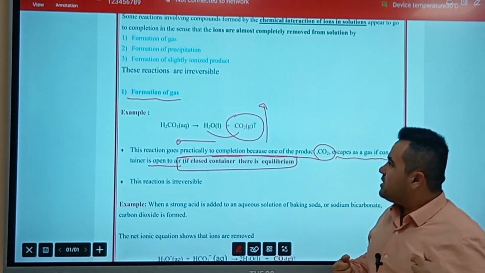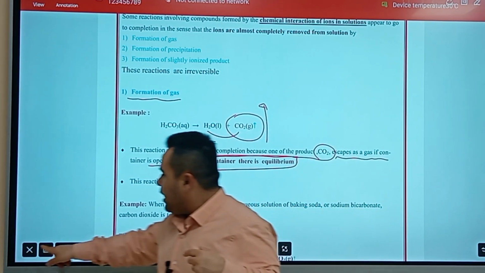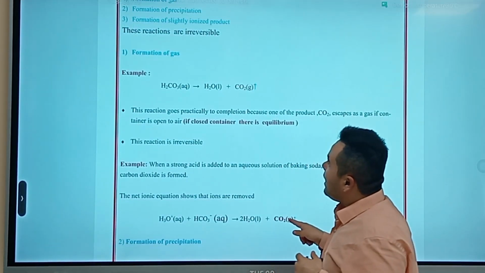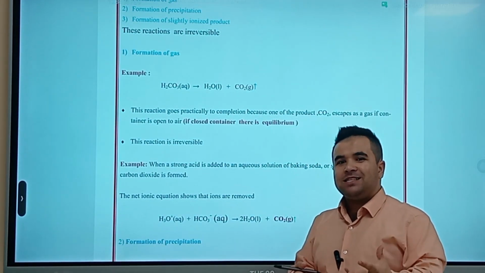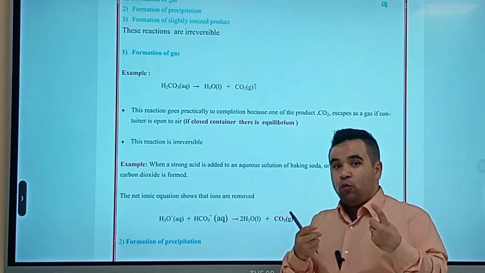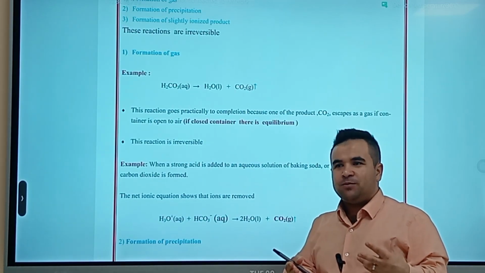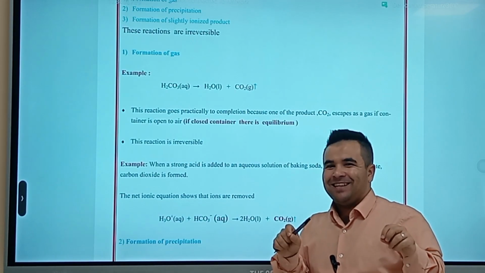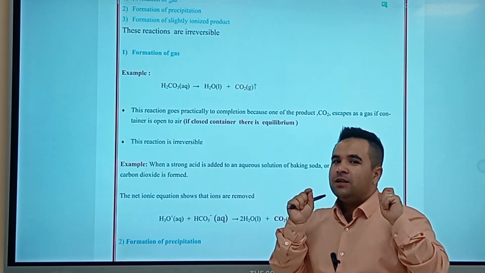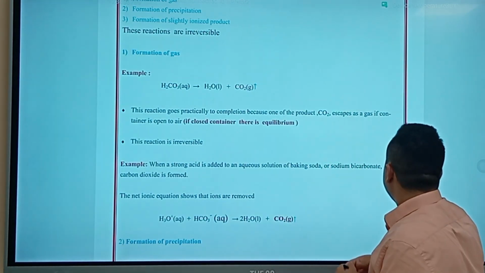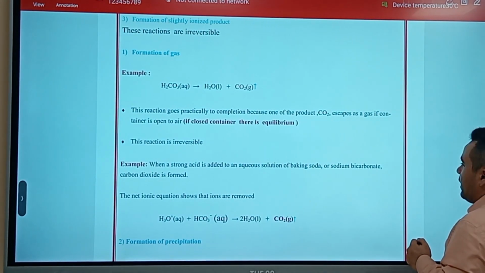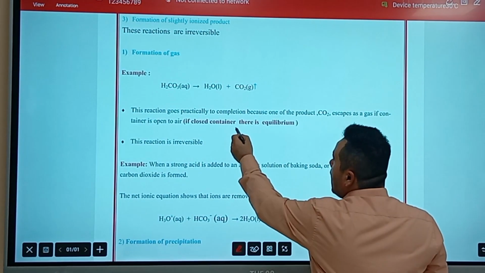And the reactant must not be a gaseous reactant. Why? Because whenever there are gases in the reactant, that means the system is closed. You have to know that gases in the reactant means the system is closed. Let me provide an example, guys.